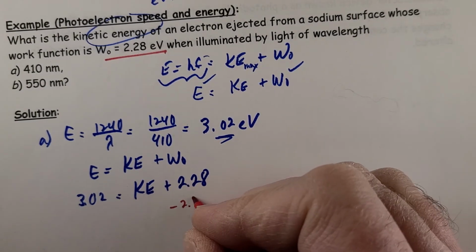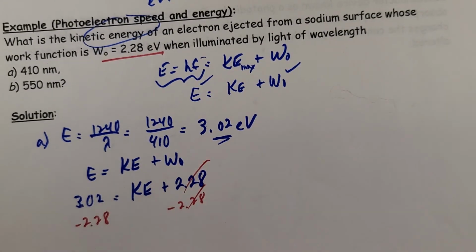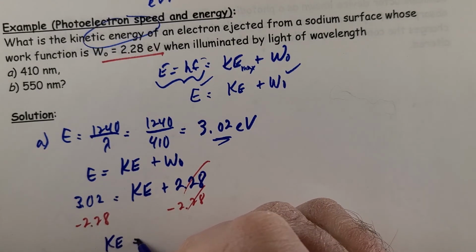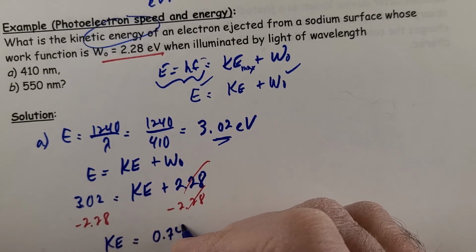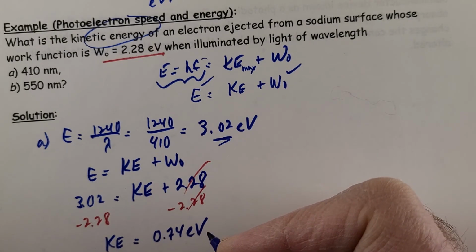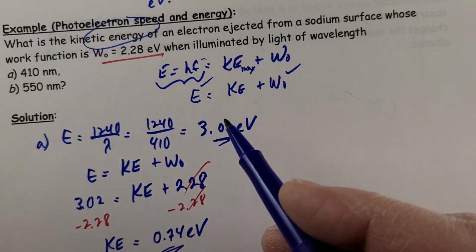So subtract 2.28, and in this case it's going to work out to be 3.02 minus that gives me, I believe, 0.74 electron volts. All right, so 0.74 electron volts is the energy that that thing will have.